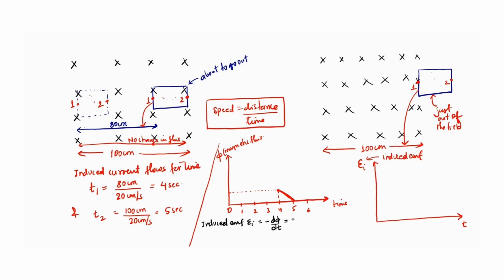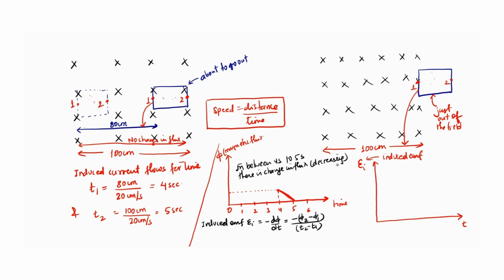So we have this minus phi 2 minus phi 1 by T2 minus T1. So as I said earlier, from 4 to 5 seconds, there is change in flux. So I'm writing over here, in between 4 seconds to 5 seconds, there is change in flux. And flux is decreasing.